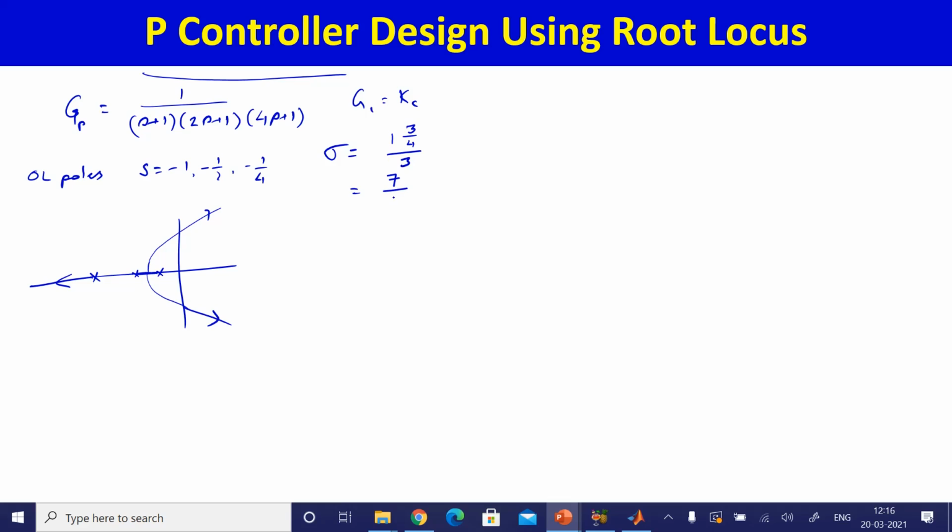So 7 by 12. How much is that? I don't know how much that is. It has to be worked out. So this is actually 7 about 0.6. So this is minus 0.5.